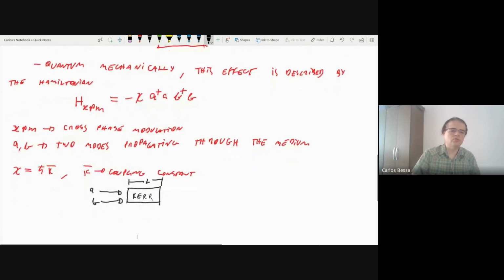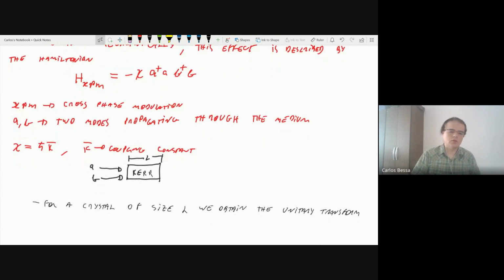And for a crystal, one medium like this, of size L, we obtain the unitary transform that I will call now K, using this notation.